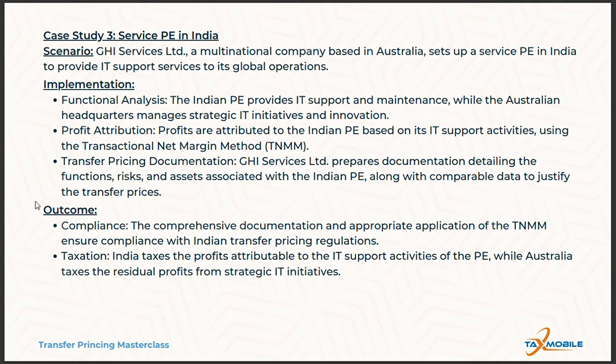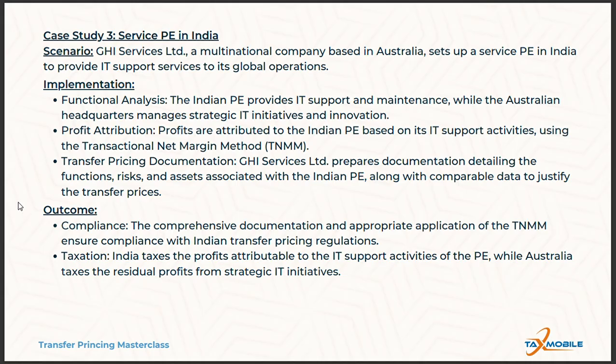Profits are attributed to the Indian permanent establishment based on its IT support activity. You can see that it is the function that they have performed, the asset they've used and the risk that they've undertaken that we are focusing on here with respect to the India permanent establishment, which is on IT support services using the transactional net margin method. So that is the appropriate method that they've used.